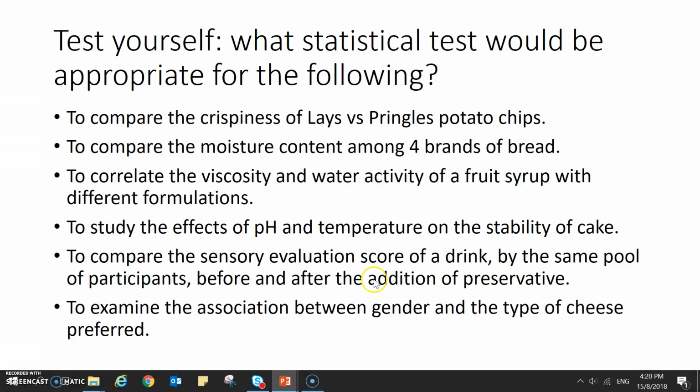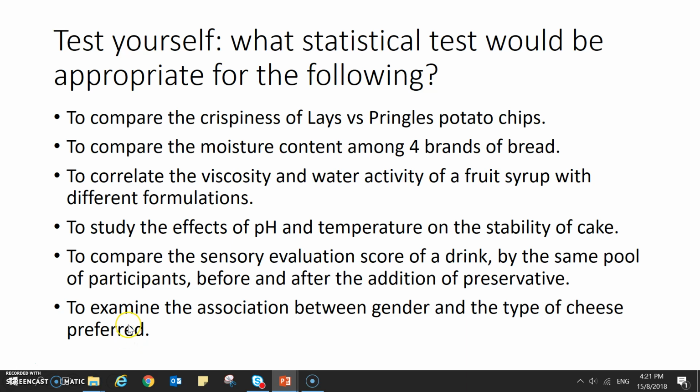Because you are measuring the evaluation score before and after the addition of the preservative in the same pool of participants, this will warrant the use of a paired t-test since this is matched sample. The same participant will evaluate this drink before and after the preservative is added. Therefore, this score cannot be considered as independent since it's rated by the same participant. Therefore, it is the paired t-test.